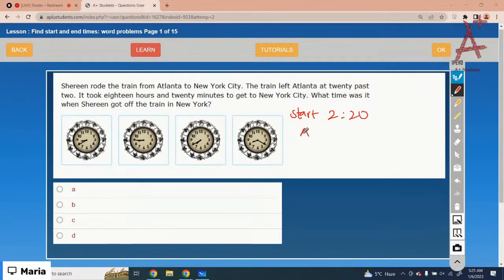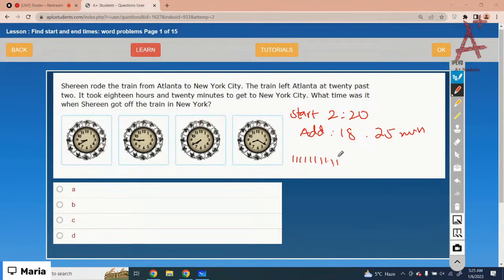Got it? You have to add 18 hours and 25 minutes. What time was it when Shirin got off the train in New York? So add 18 hours to 2. Got it? So it will be 2, 3, 4, 5, 6, 7, 8, 9, 10, 11, 12, 1, 2, 3, 4, 5, 6, 7, 8.